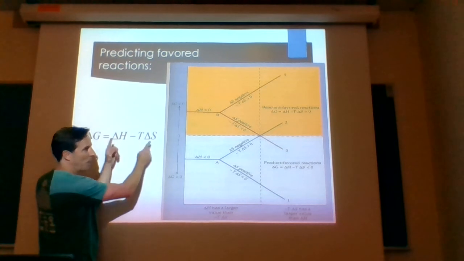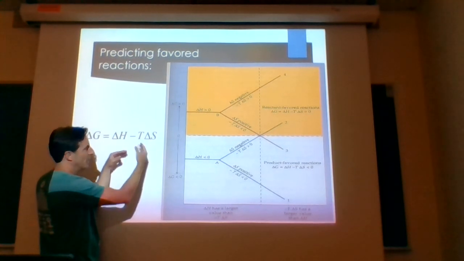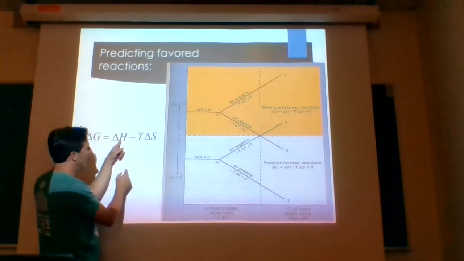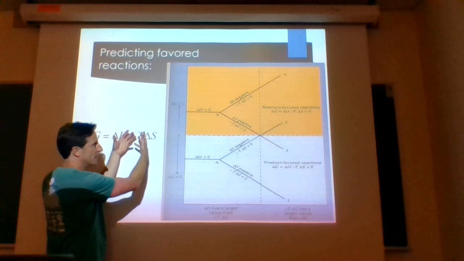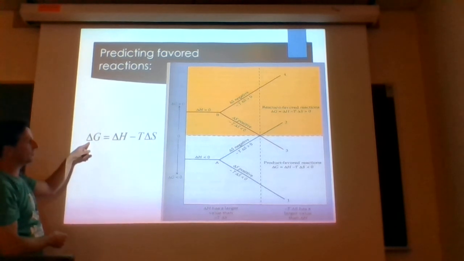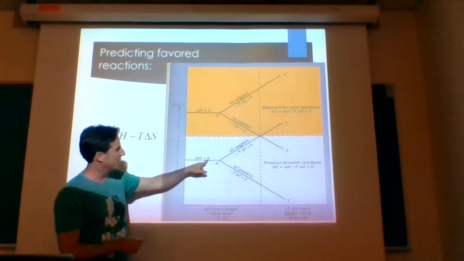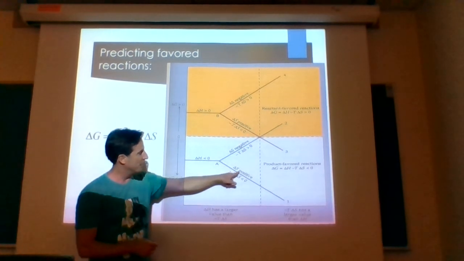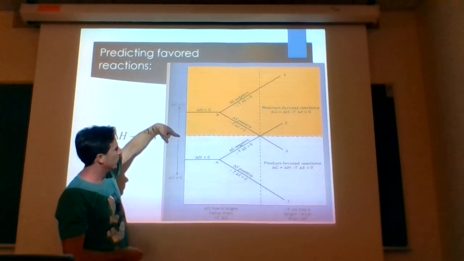If I have that combination, it doesn't matter how big the numbers are, it doesn't matter what the temperature is. A negative minus a positive will always give me a negative delta G. So on this chart, right here, if I have a negative delta H and a positive delta S, it's always the midpoint where delta G equals 0.